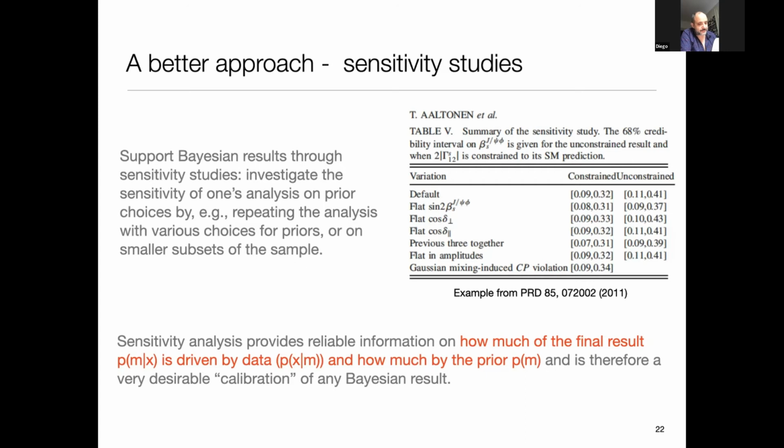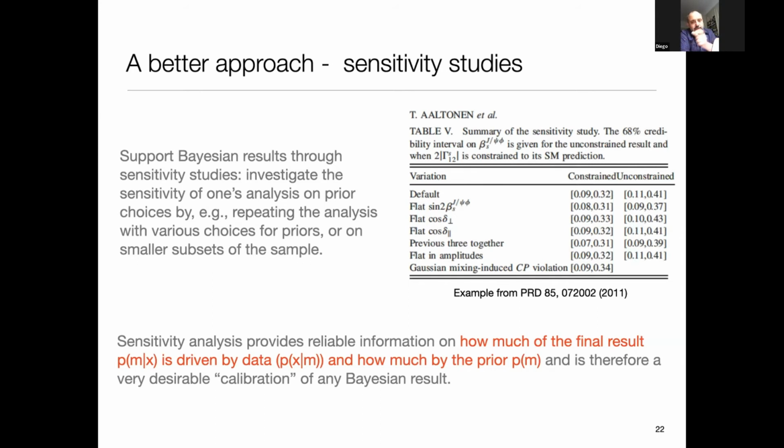And this example here from a paper about 10 years ago is exactly that. You have a table with a column with a choice of priors. So you have default, flat in this, flat in that, flat in amplitude. And you see on the second column how the result changes.